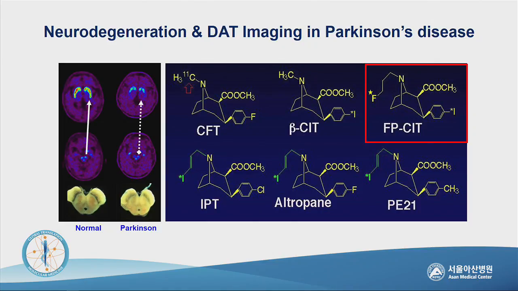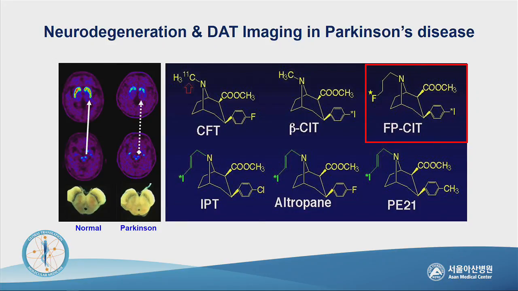As you know, Parkinson's disease is one of the well-known neurodegenerative diseases, and the key pathology of Parkinson's disease is the degeneration of nigrostriatal dopaminergic neurons. Death of dopaminergic neurons in the substantia nigra results in dopamine transporter loss at the striatal dopaminergic neuronal nerve terminals.